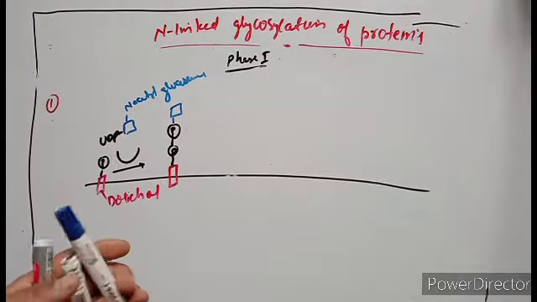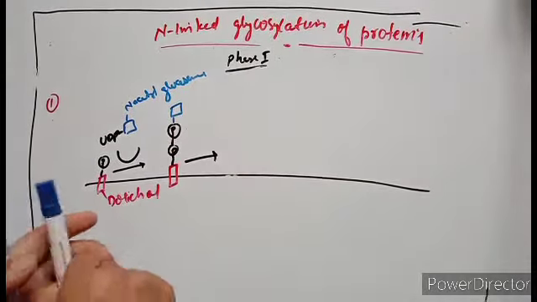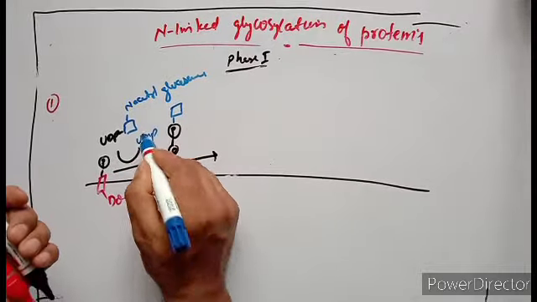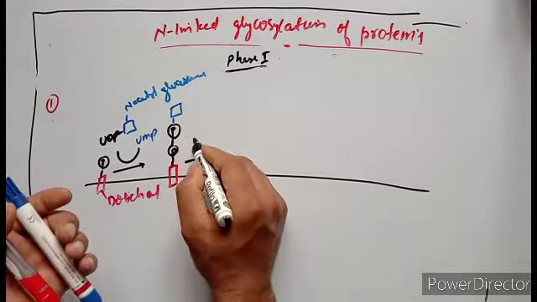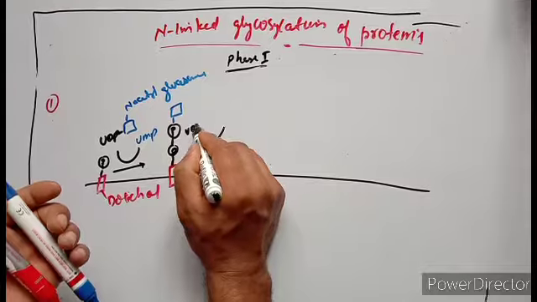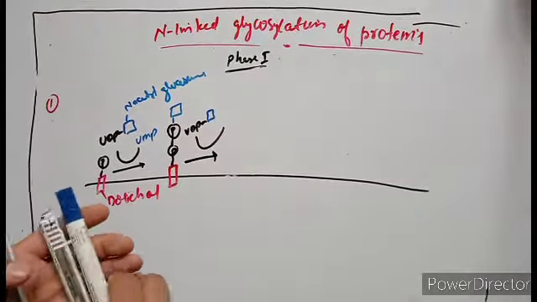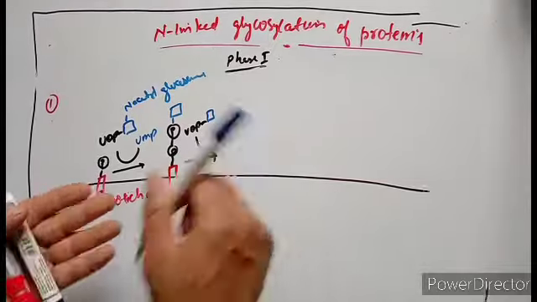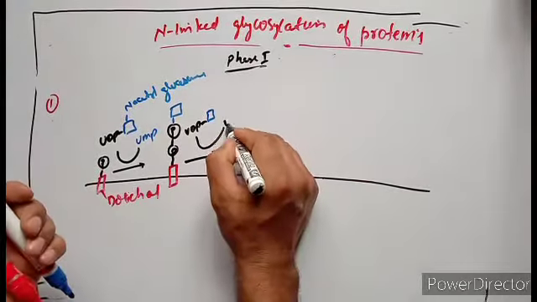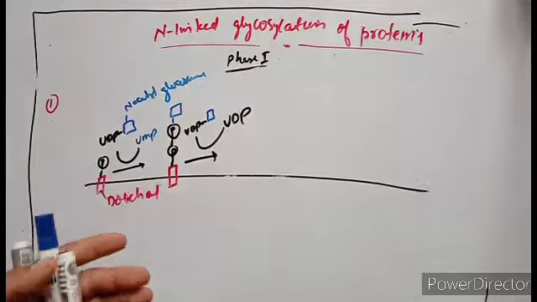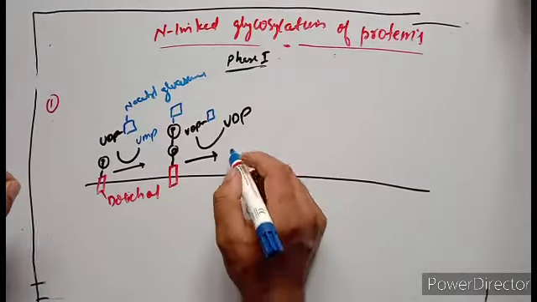Okay, then in the next reaction, UMP is released. In the next reaction again, UDP and acetyl glucosamine is added. In this process, now UDP is released because we don't need the phosphate group for the bond formation.